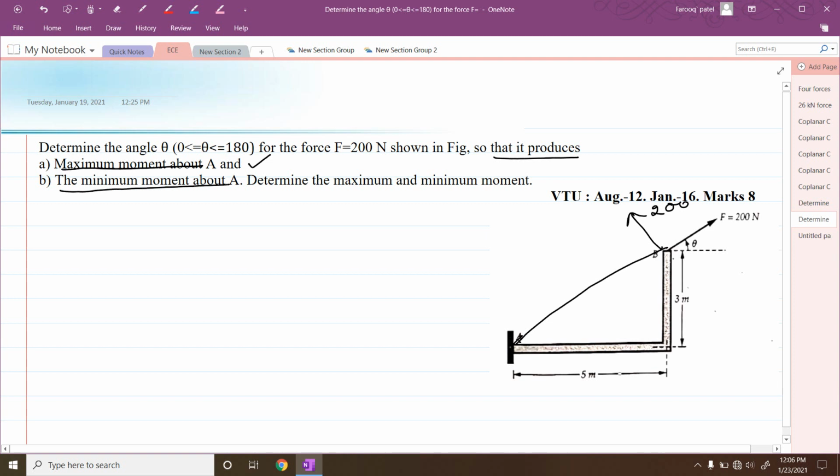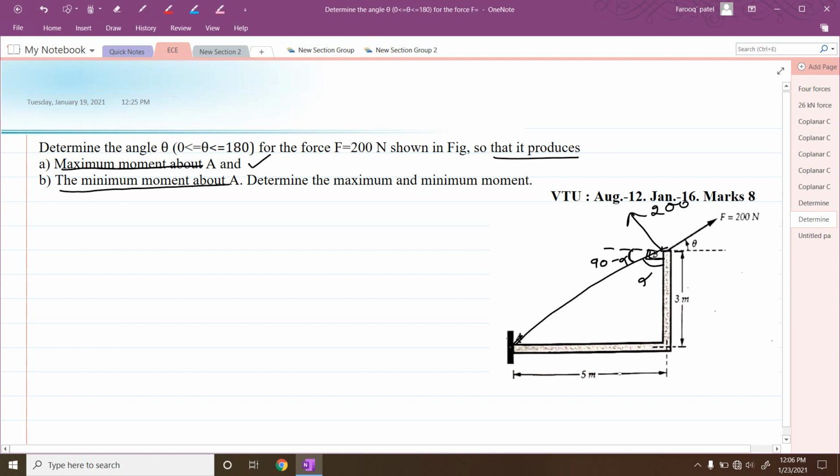So based on this, let us calculate the angle. Let us take this angle as alpha. Since the total angle is 90 degrees, the remaining angle has to be 90 minus alpha, correct?